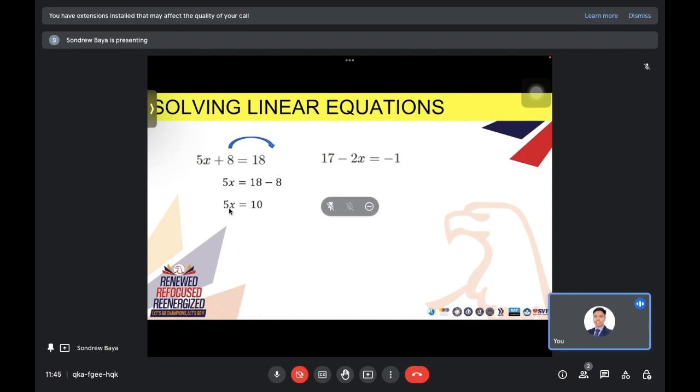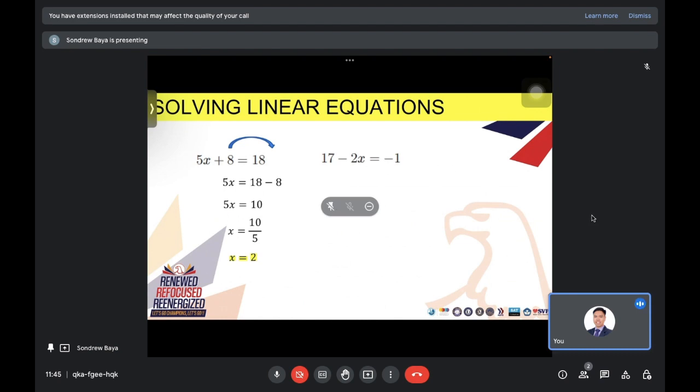Since we are multiplying 5 with x, to eliminate the 5 and make it equal to 1, we need to divide both sides by 5. Thus, we get x equal to 10 over 5. So 5 over 5 is simply 1, which makes it 1x or simply x. The other side becomes 10 over 5. Thus, x is equal to 2.